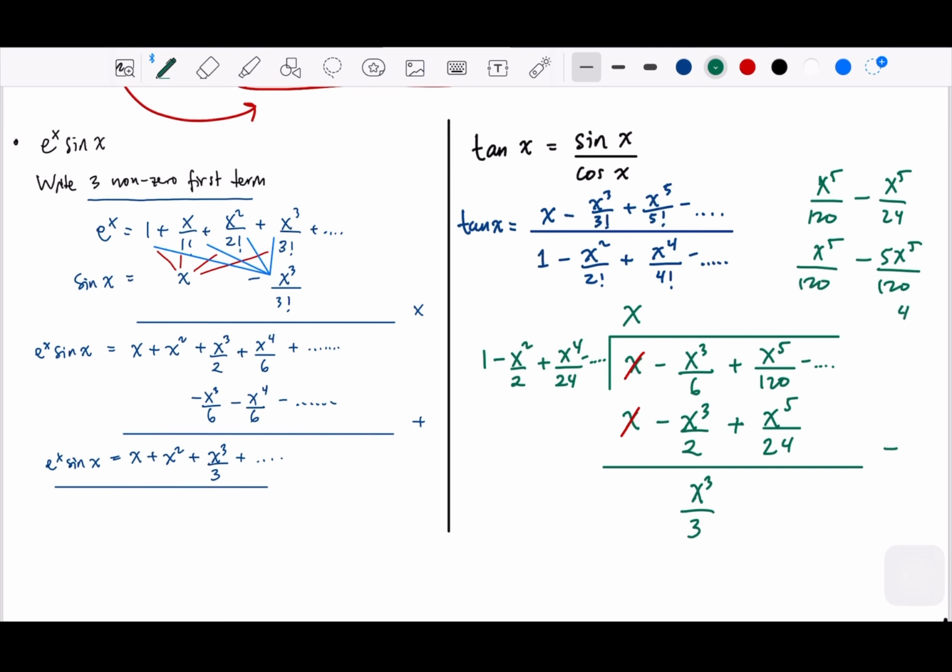So it will be 4, right? Negative 4 over 120, or negative x^5 over 30, right? And we have other terms, right?